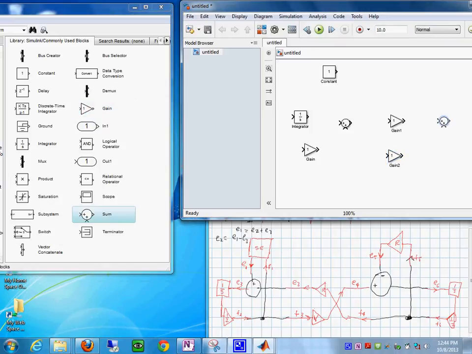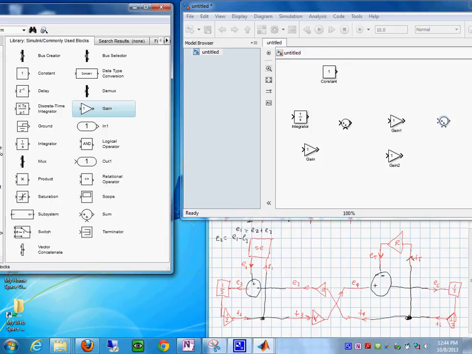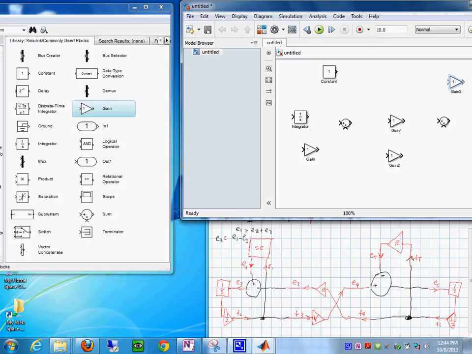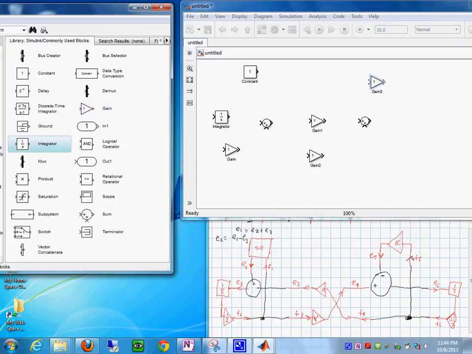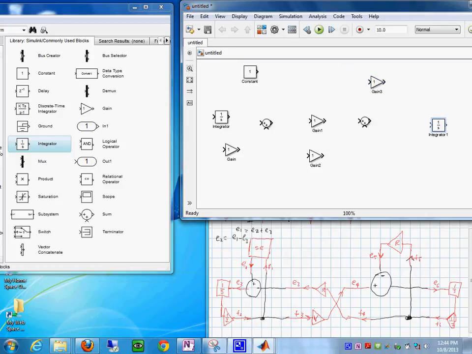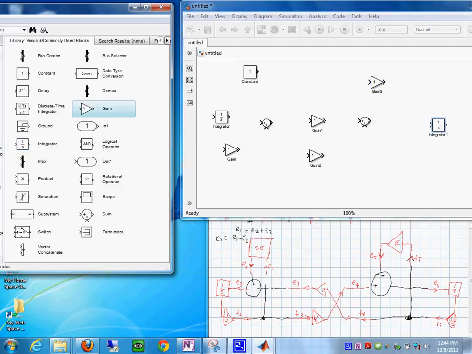right here, we have another gain someplace before that up here, and then on that side we have an integrator over here that we need, and also another gain over here.